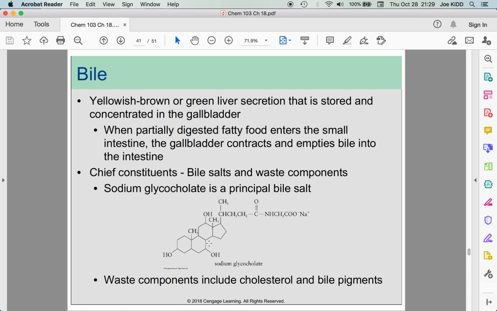When a healthy individual who has their gallbladder and properly functioning bile eats fatty foods, they enter the small intestine, and the gallbladder will empty bile into the intestine to help break it down. Someone who has their gallbladder removed obviously no longer has these stores of bile, and therefore doesn't digest fatty foods as well.